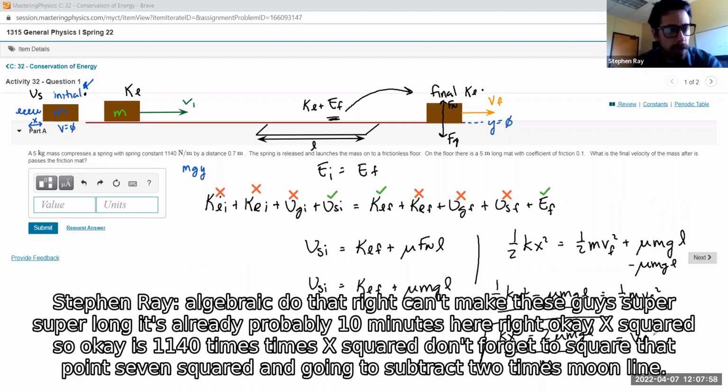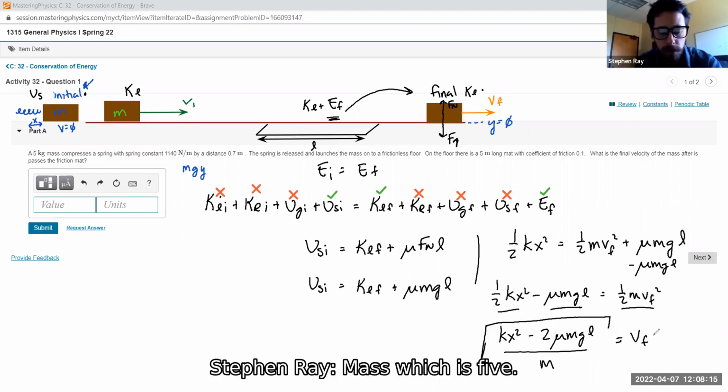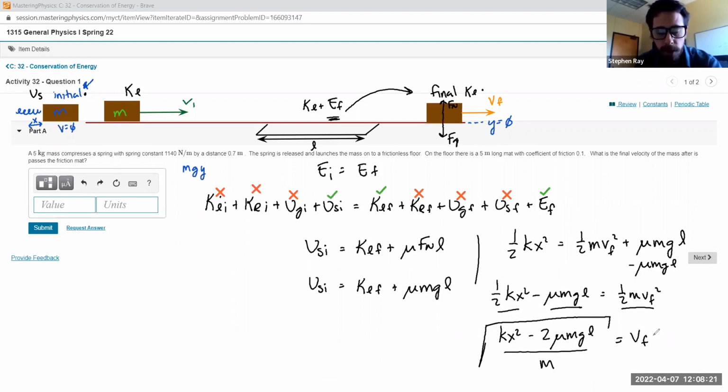All right, so kx squared. k is 1140 times x squared. Don't forget to square that, 0.7 squared. And I'm going to subtract 2 times mu, 0.1, times mass, which is 5, times g, which is 9.81, times L, which is 5.